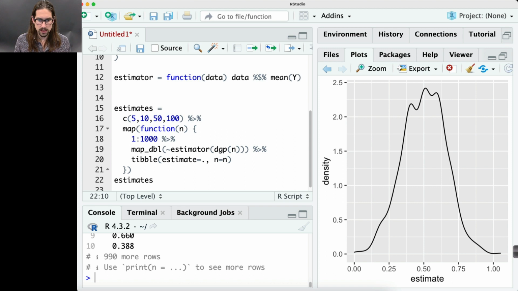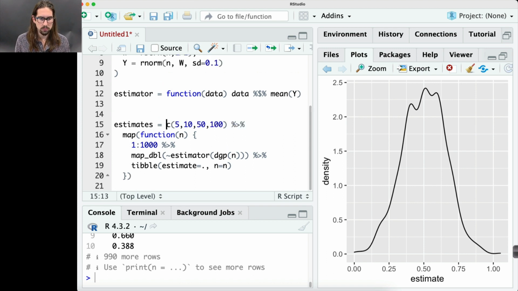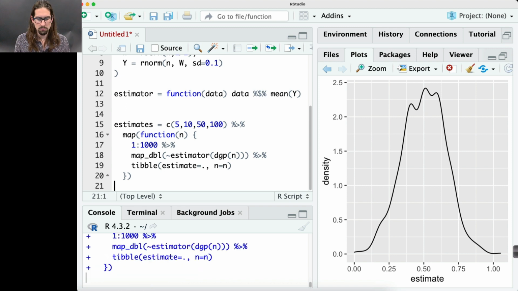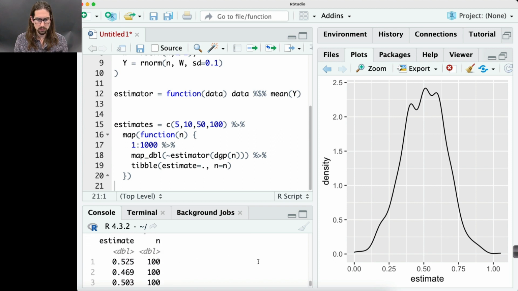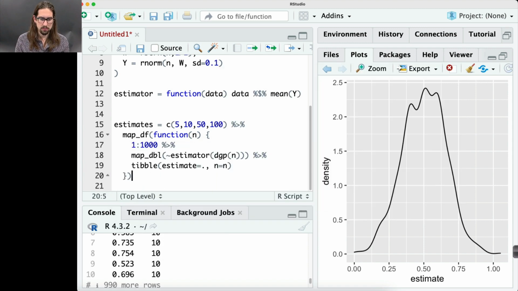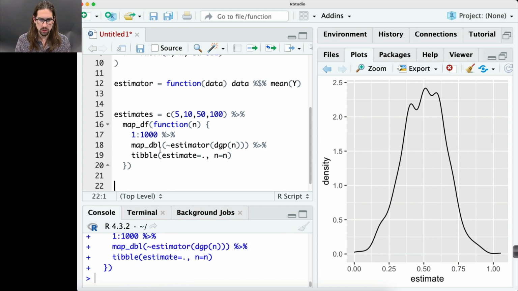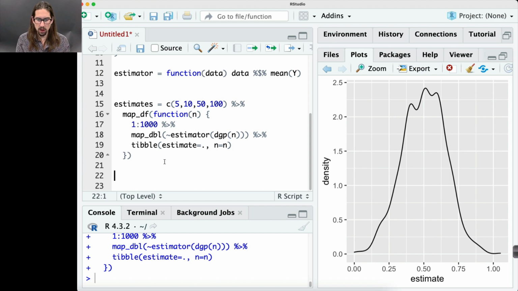It's giving me four different data frames, so I'll glue them all together. Again, the details of the code are not important. I'm just going to plot all the sampling distributions simultaneously for different n.